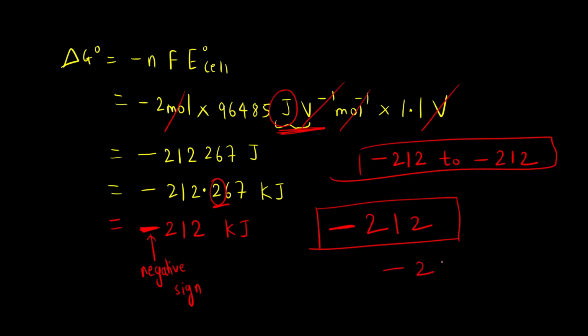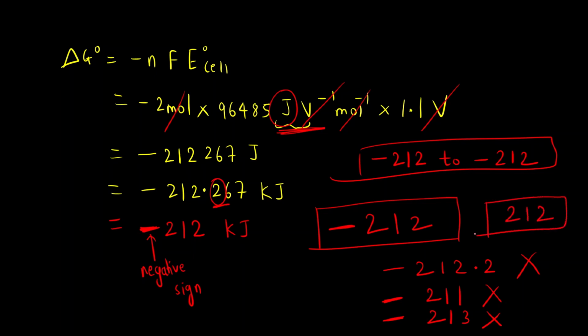If you write the answer as minus 212.2, your answer will be incorrect. If you write minus 211, incorrect. If you write minus 213, incorrect. The most common mistake people make is writing 212 without the negative sign. So always remember to add the negative sign.